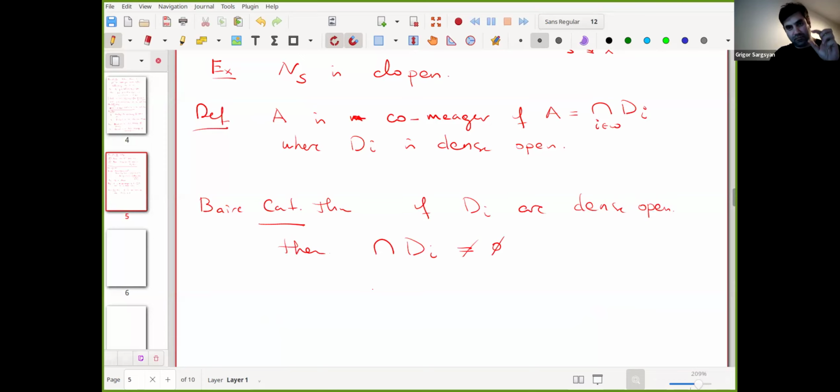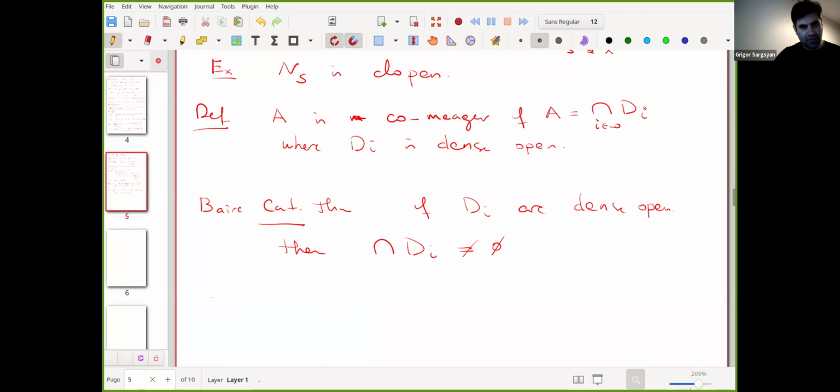You fix a finite sequence such that the open set generated by that finite sequence is contained in the first dense open set. Then you extend that to enter the second dense open set, and then you extend whatever you got to the third one, and so on. And then the limit, if you take the union of the finite sequences you built, that will be your real that belongs to the intersection.